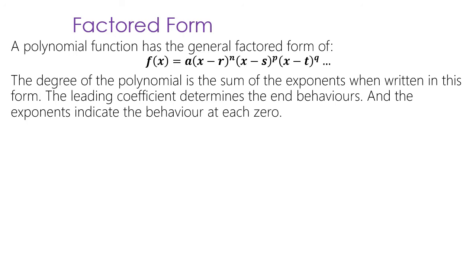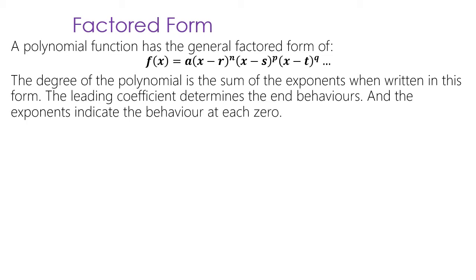The degree of the polynomial is the sum of the exponents when written in this form. The leading coefficient determines the end behaviors, and the exponents indicate the behavior at each zero. Remember from last lesson, where it's in standard form, you can arrange the terms from highest to lowest, and the highest term is the degree of the function.